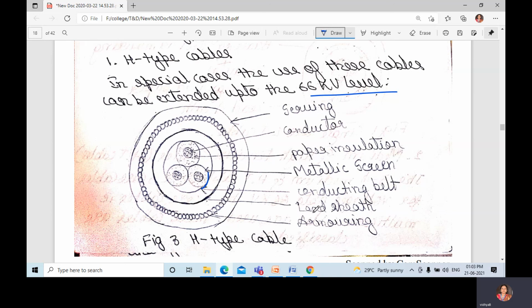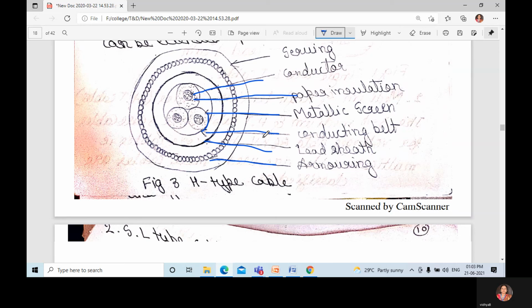This is a belt, this is a lead sheath, this is an armoring, and the conducting belt and metallic sheath and paper insulation, dotted lines, that is paper insulation, and this is a conductor.